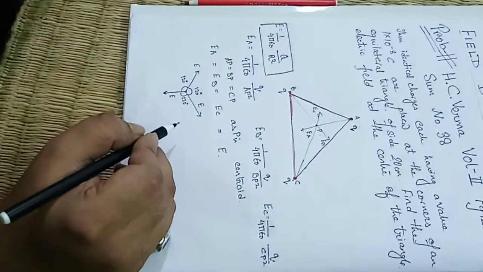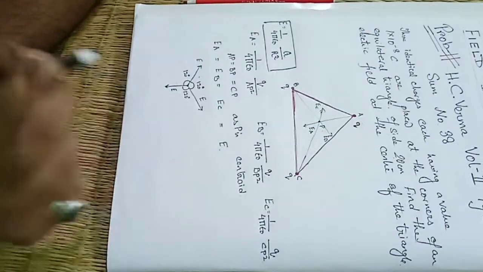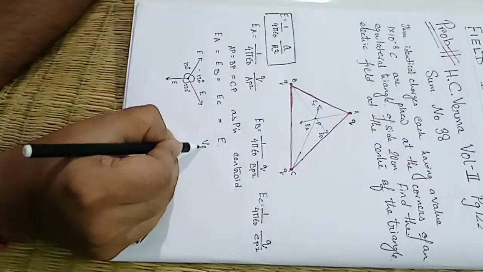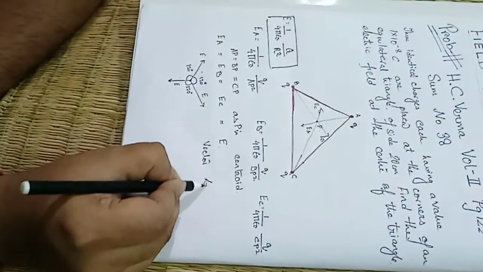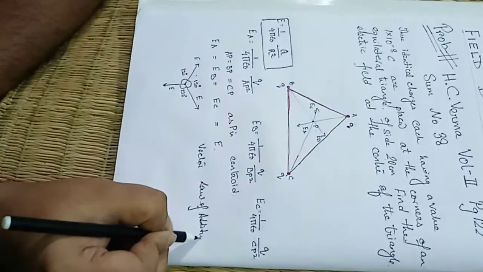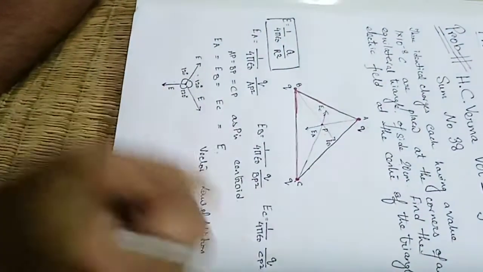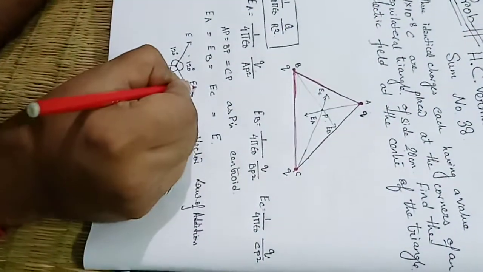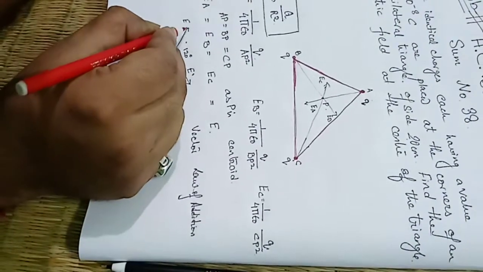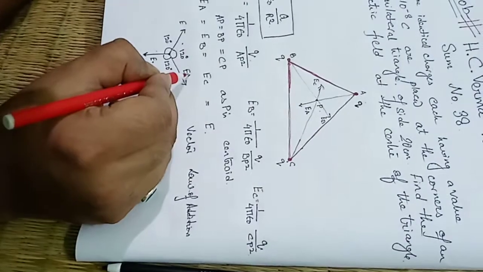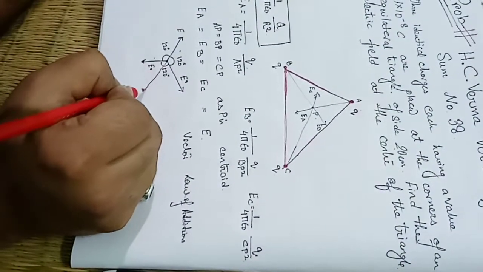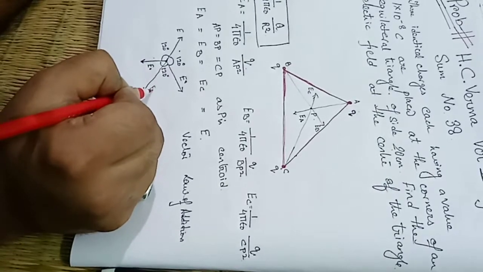How do we sum up these three vectors? We will use the vector law of addition, we will add two at a time. First we will add this and this, we will find the resultant, and with the resultant we will add up this. So the resultant of this field and this field will be something like this, ER.